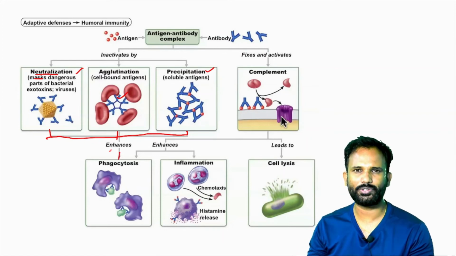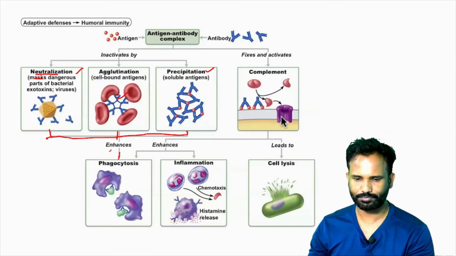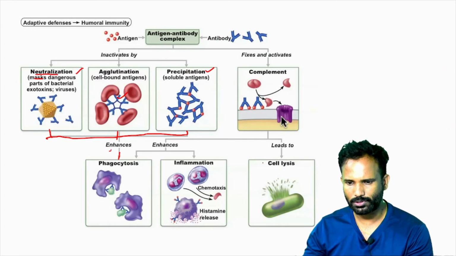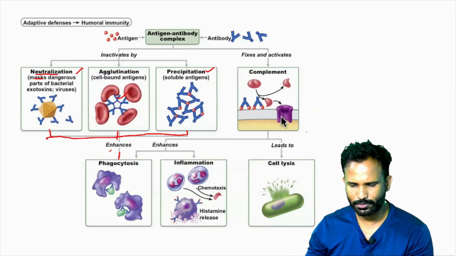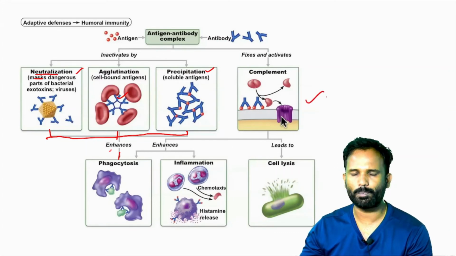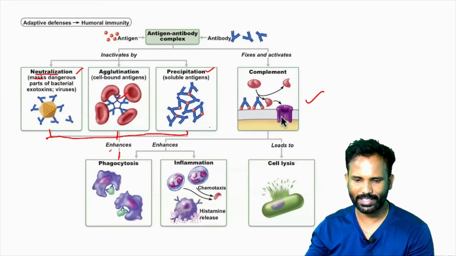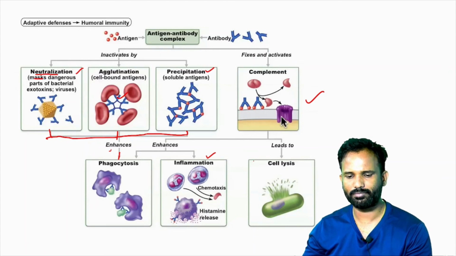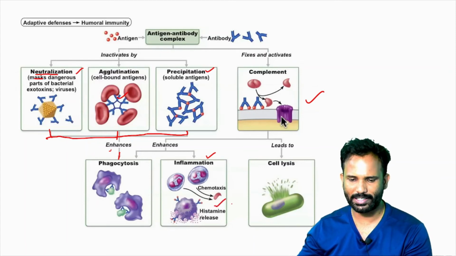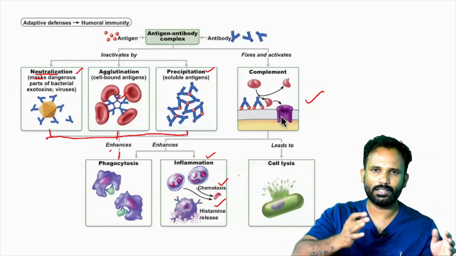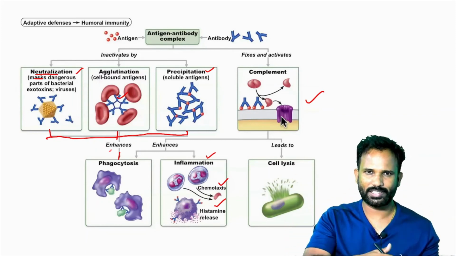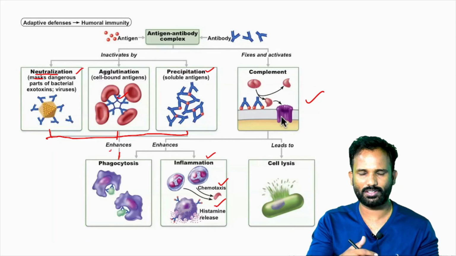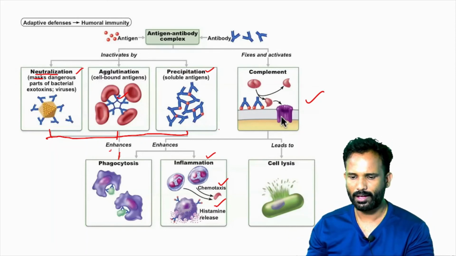Now the pathogen is easily engulfed, and this may also lead to activation of complement, which is the indirect way, and may also cause release of inflammatory mediators, like histamine, or chemotaxis calling other lymphocytes and phagocytes there, and also cell lysis.